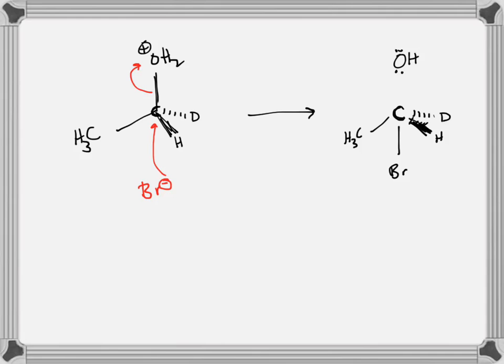Sapling, and rightly so, probably does not give you credit for this answer. All we've done is directly just done the substitution. Where the bromine comes in, it's now on the bottom, OH is out the top, done. We've done the substitution. We've even shown the proper stereochemistry.